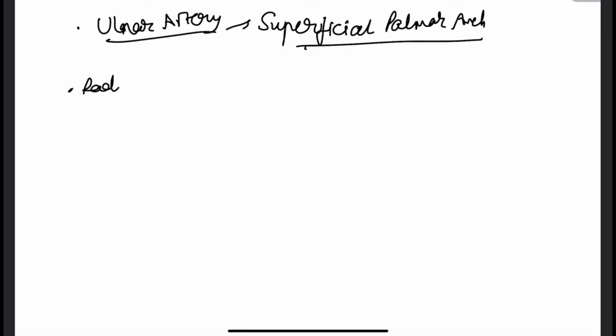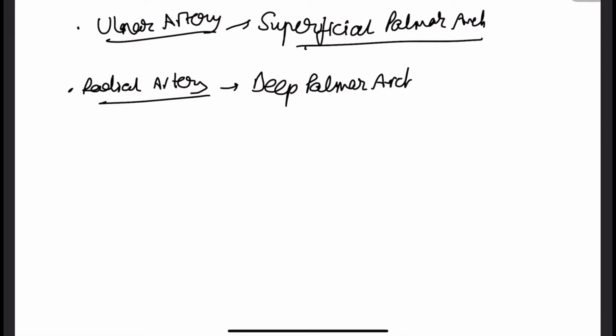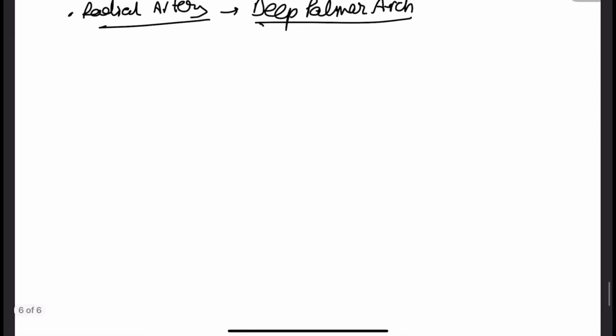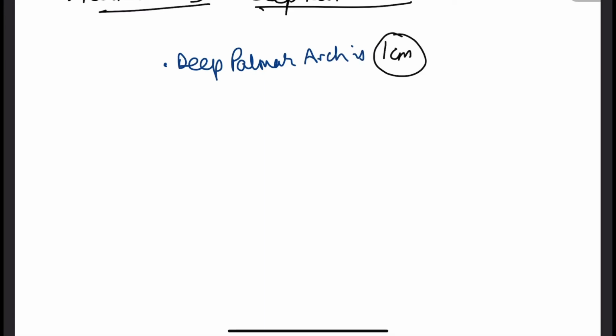Radial artery forms deep palmar arch. Now what are you supposed to know here? You are supposed to remember that the deep palmar arch is 1 centimeter proximal to superficial palmar arch.